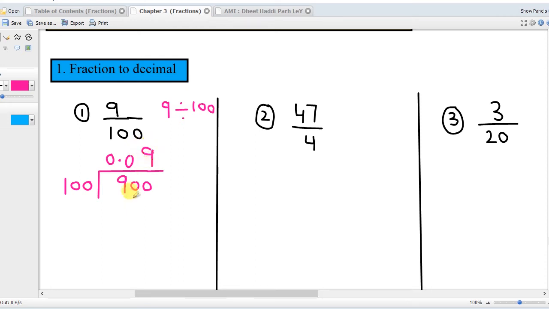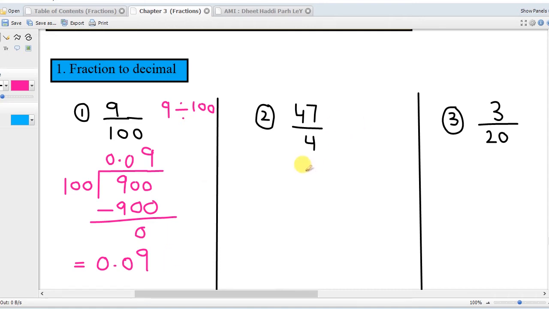So 9 times 100 is 900. Now simply we have to take away: 900 minus 900 will give us 0. So the fraction 9 over 100 will be converted into the decimal, and the value we are getting here is 0.09. So this is our answer, right?